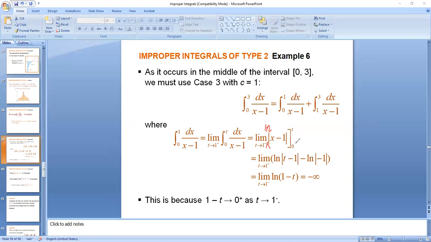So you see this one? 0 to t. After you have substituted 0 and t for the answer of your integral, which is the ln of x minus 1, you evaluate now the limit. So the limit would be evaluated as t approaches 1 from the left. Now, question, why do you know that it's from the left?